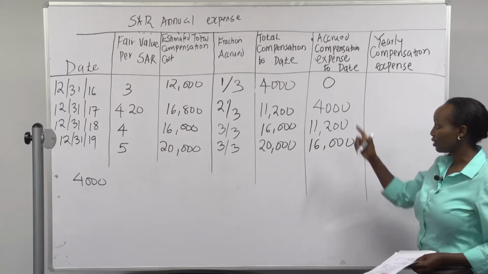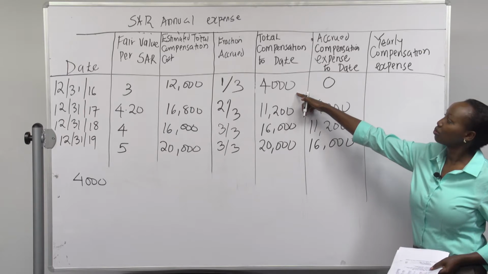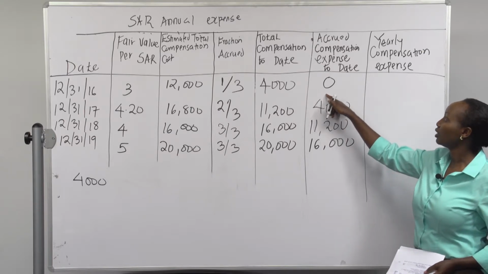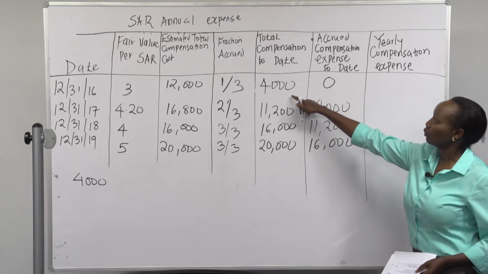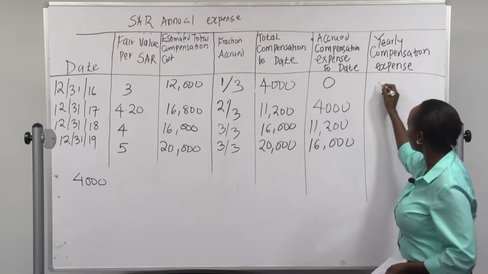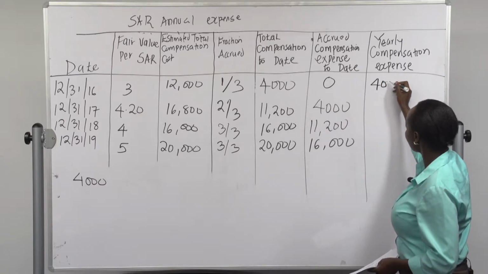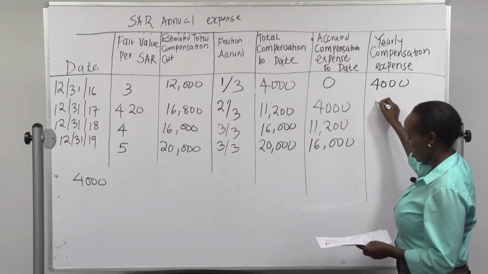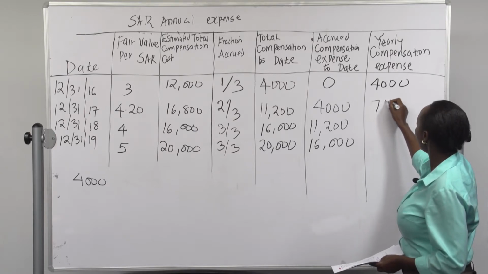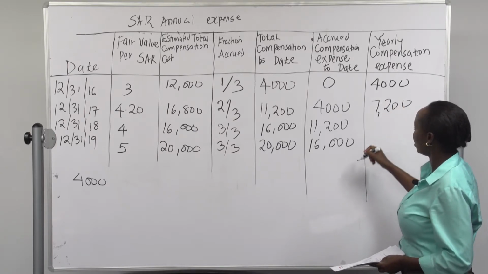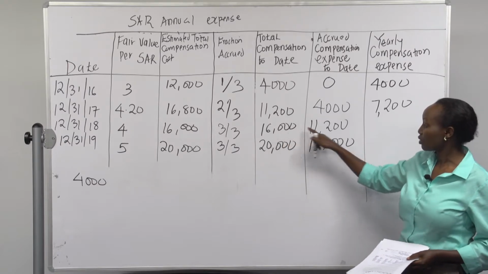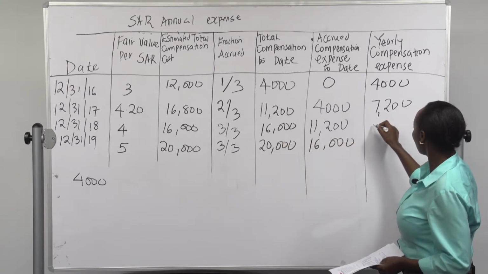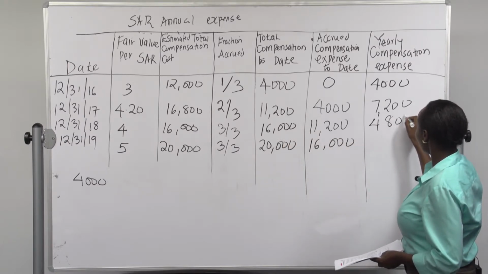We take the total compensation to date and subtract what has been accrued to date. So we take this column and subtract this. We have 4,000 for the first year, 7,200 for the second year, and 16,000 minus 11,200 gives 4,800.